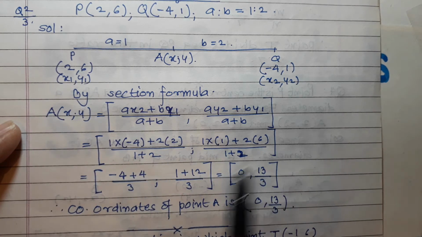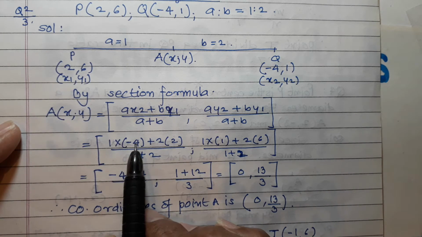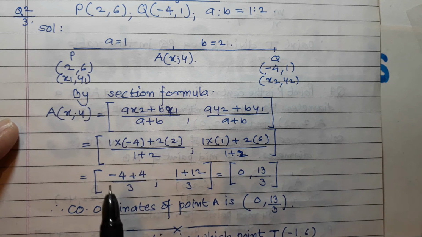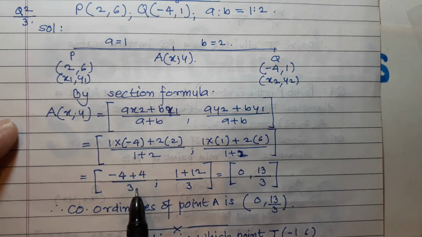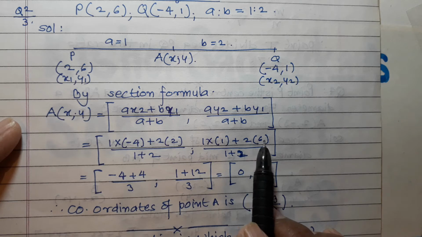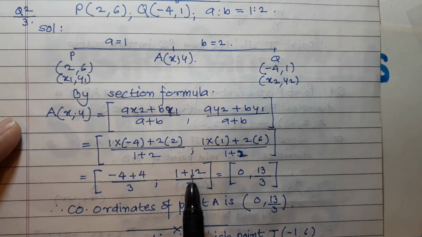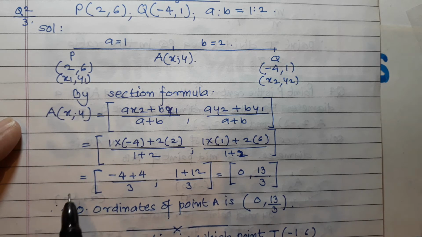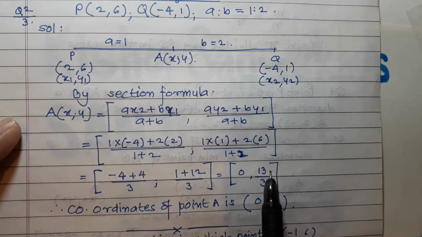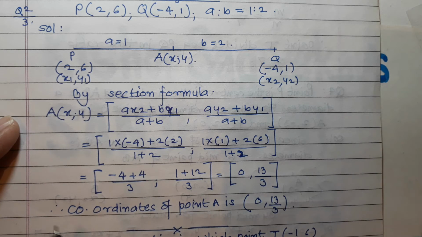Then you simplify. So (-4 + 4)/3, and (1 + 12)/3, and therefore A(x1, y1) = (0, 13/3), and hence the coordinates of point A are (0, 13/3).